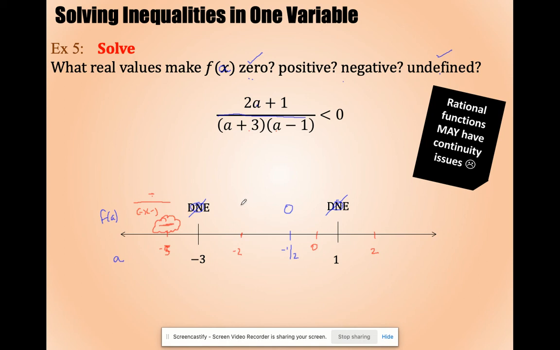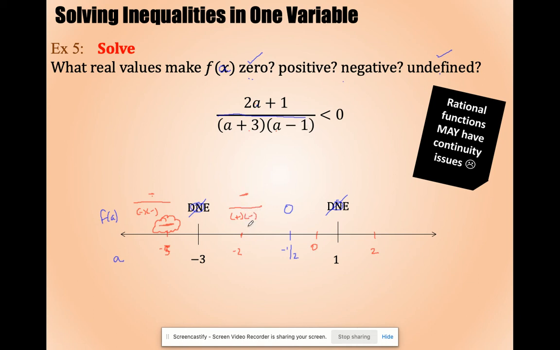How about here? How about at -2? -2 makes my numerator still negative, but my denominator, -2 plus 3, is positive. -2 minus 1 is negative.